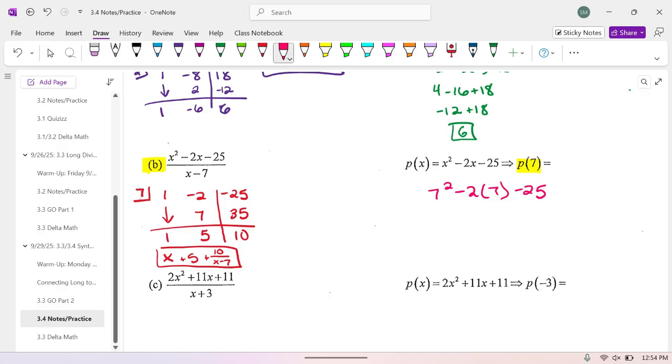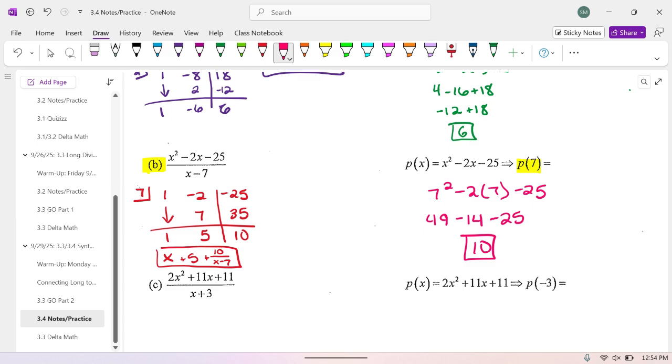All right. Let's see if this holds true. So what's 7 squared? What's negative 2 times 7? Then what? And then bring down the minus 25. 49 minus 14 is 35. Minus 25 is 10.